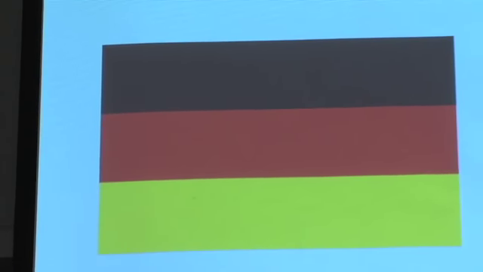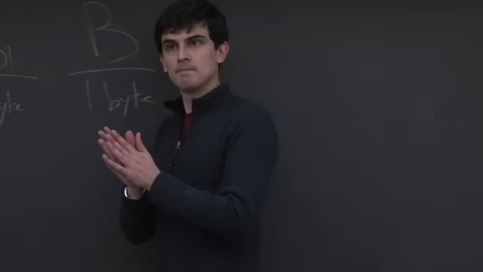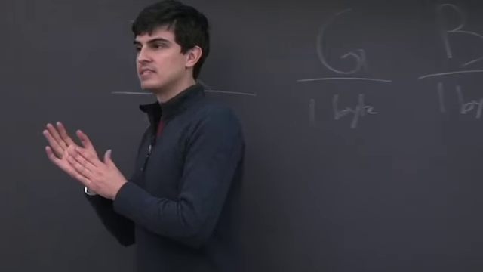Now, how about the flag on the right? So we're going to use a similar method, but is it going to compress the same, or better than the one on the left? Based on this compression technique that we had just talked about, will it take more bytes?